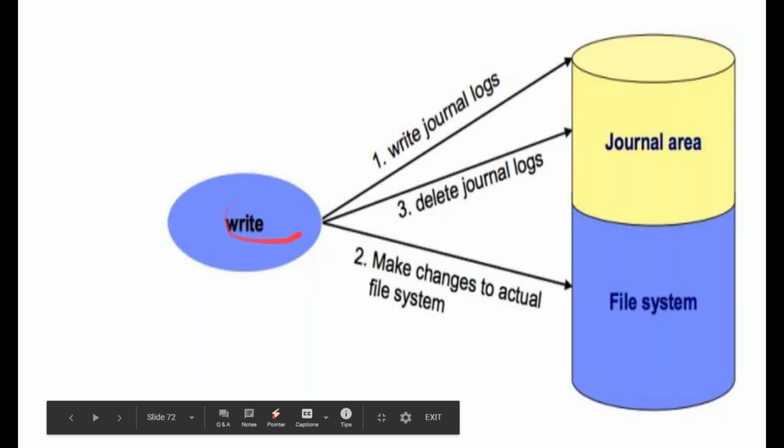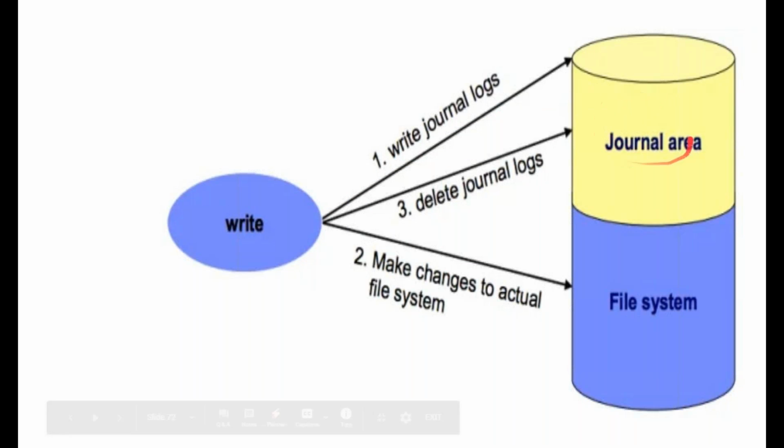Similarly, if you want to do any corrections, first you have to write the journal logs. One is the journal area and one is your file system area. So if you want to write something, you write it on a journal log. Then you make the changes to the actual file system, and after that you delete the journal log.